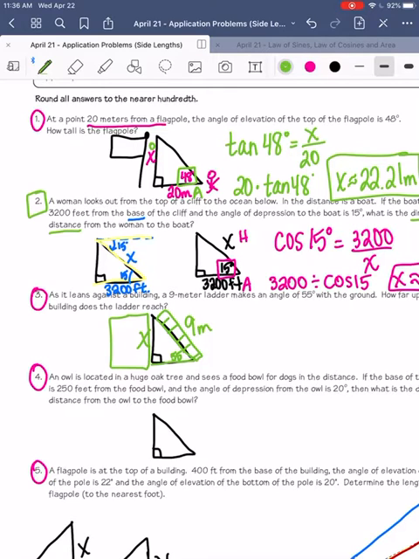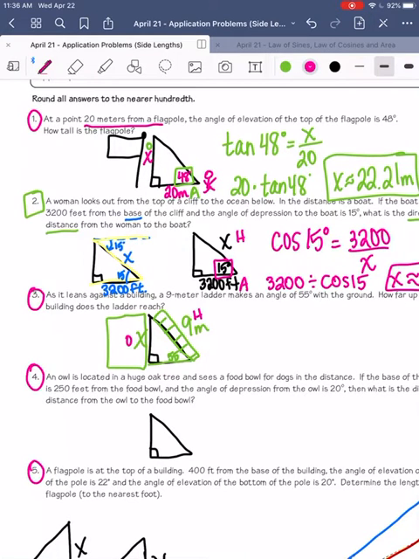Does the ladder reach? All right, so let's label this. This is O and this is H. So that would be sine. So we're going to have sine of 55 degrees equals O over H. And because the X is in the numerator, that's a multiply.